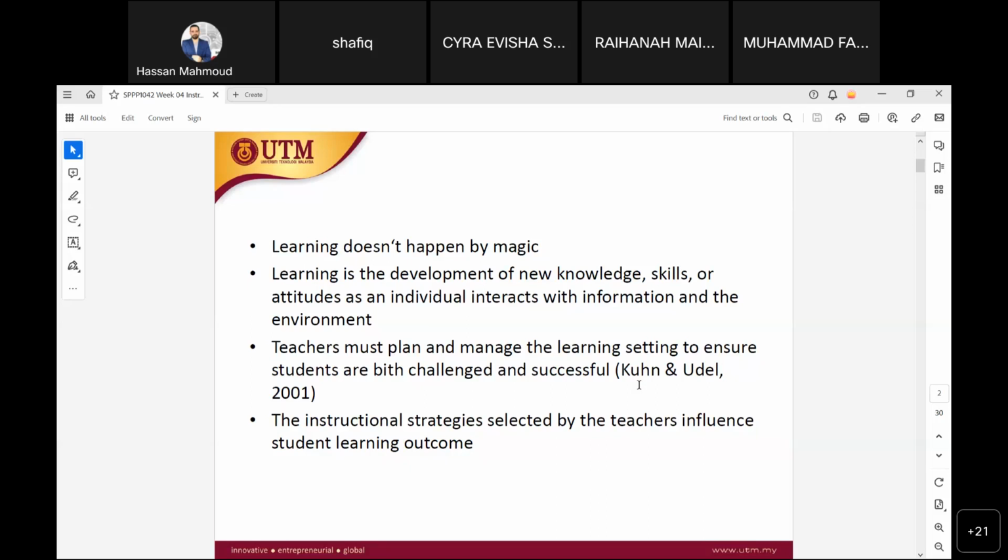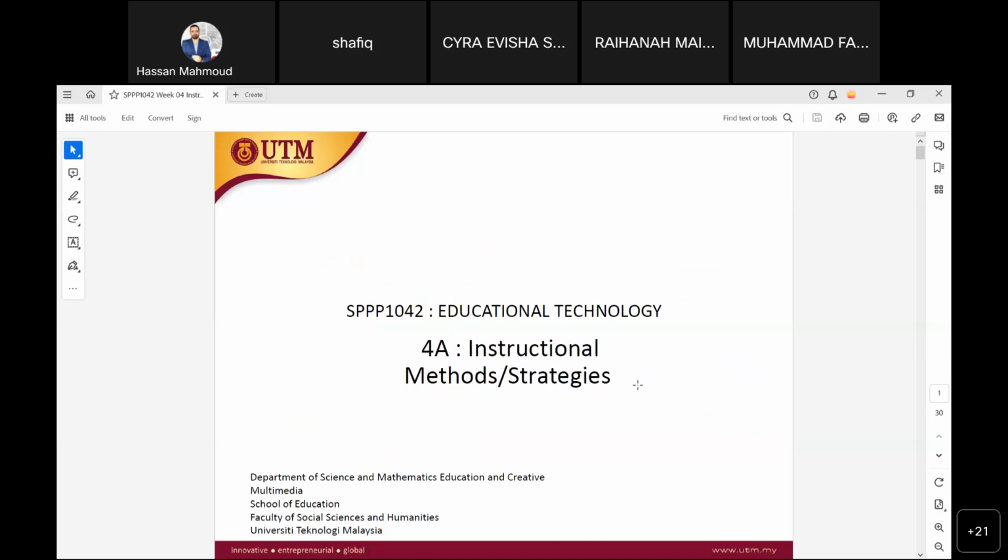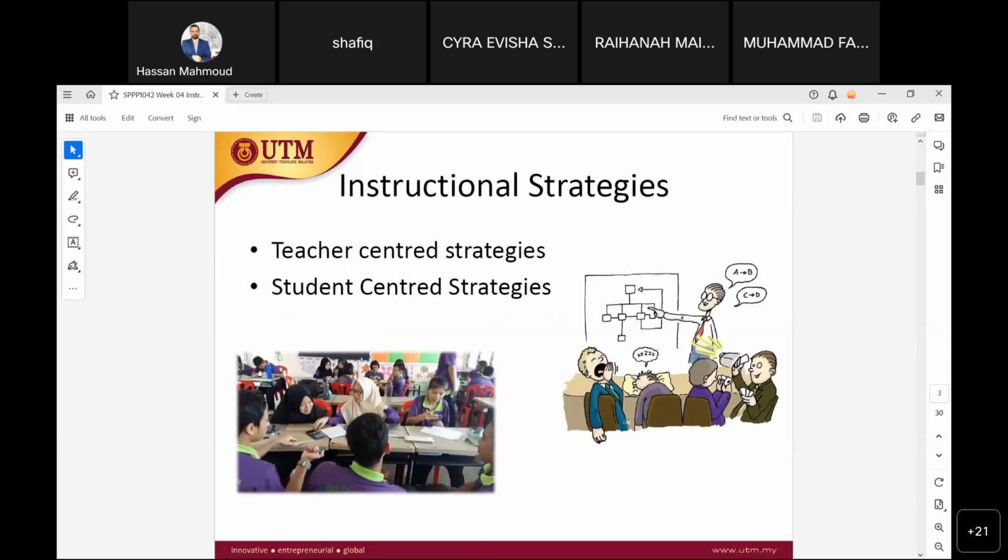All right? So instructional strategies are the ways or the methods or the frameworks that you as a teacher adapt to achieve your objectives at the end of the class. Okay. Now, when we talk about instructional strategies, we are talking about two main categories, right?